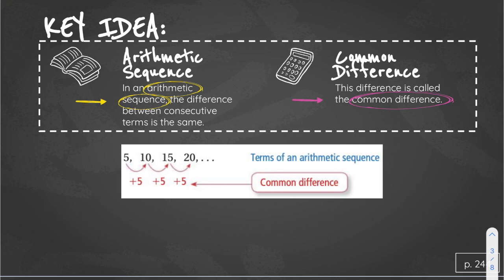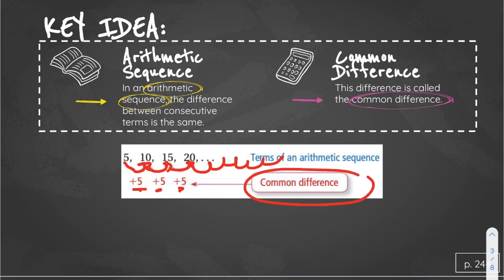In an arithmetic sequence, the difference between consecutive terms is the same. Like in our last example, the difference between 5 and 10 is 5, 15, 5, 20, 5. It has a difference of 5. If we kept going and going, it always would have a difference of 5, that common difference.